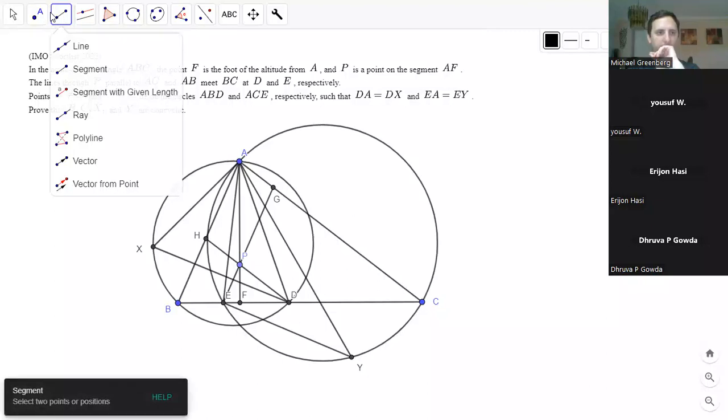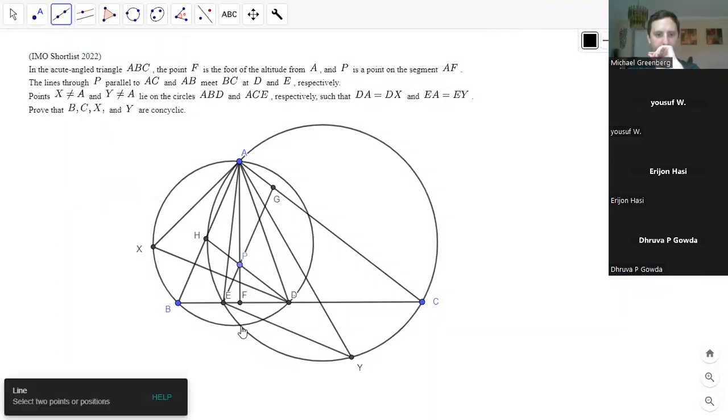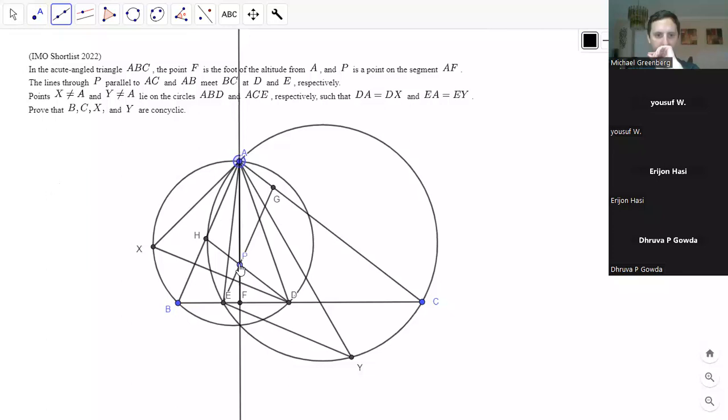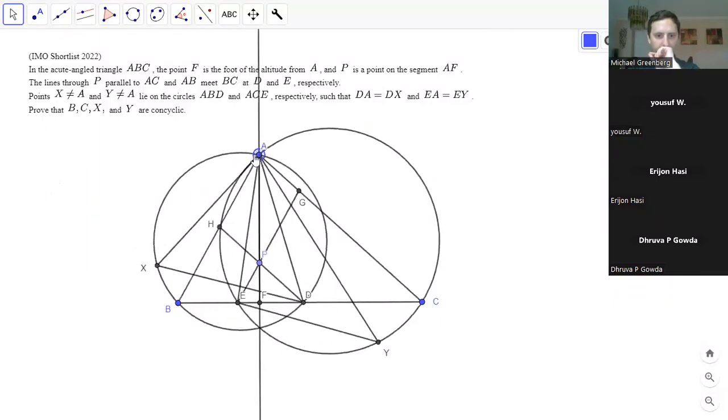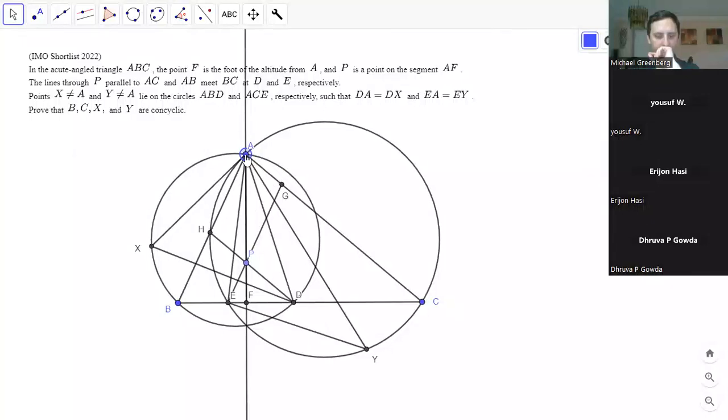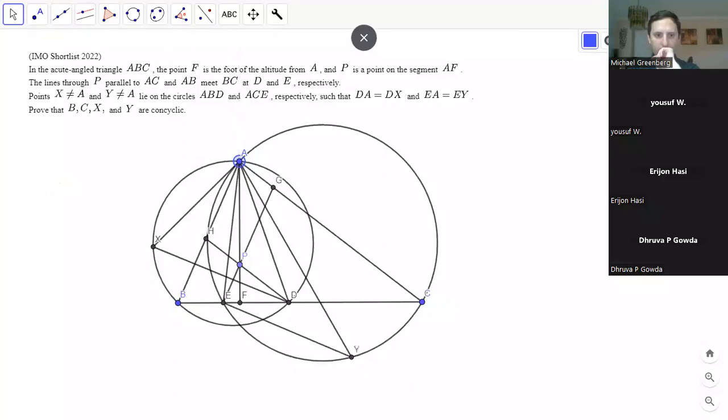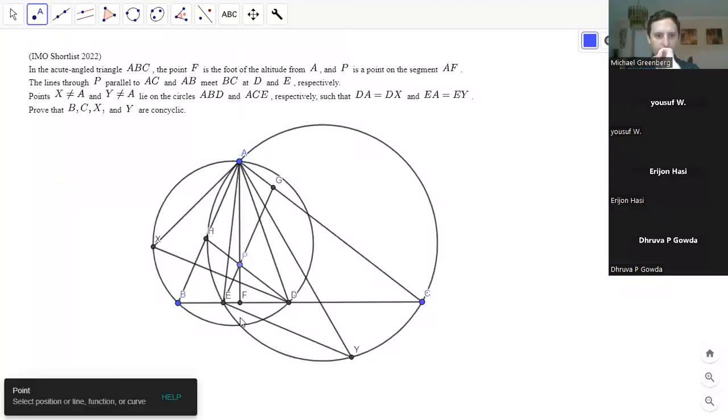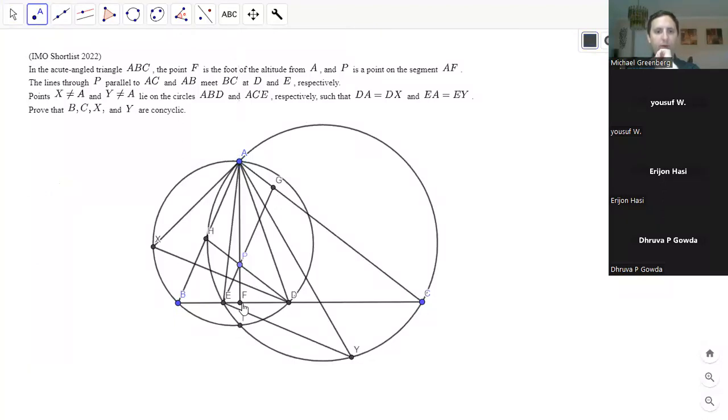So I wonder if AF passes through this point, maybe? Let's see. Looks like it. Let me move things around. Yeah, so maybe first we could show that for these circles, we just need to show F lies on the radical axis of these 2 circles, right? And that would solve it. Or we could just show P lies on the radical axis, right?